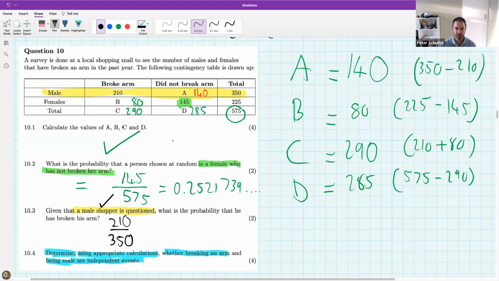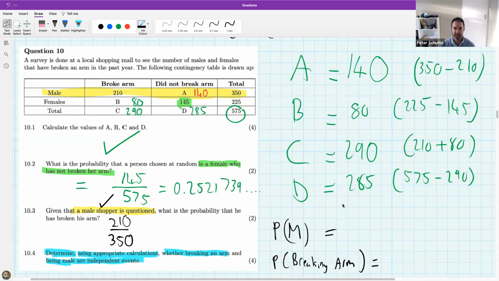What I like to do is write down the probability of being male, and also the probability of breaking an arm. So I first want you to help me work those out. What's the probability of being male in this table?